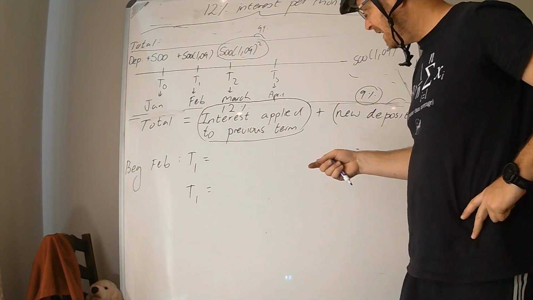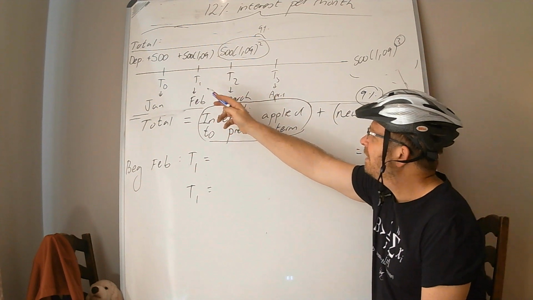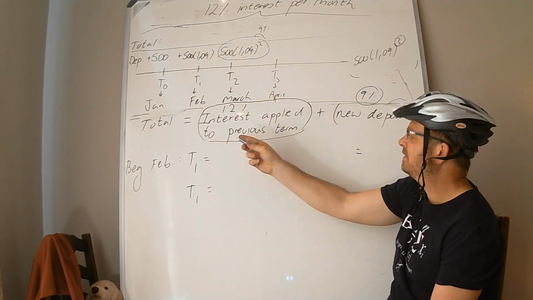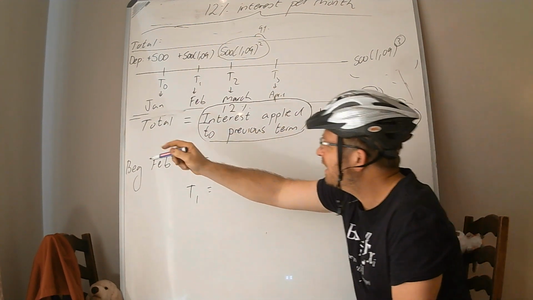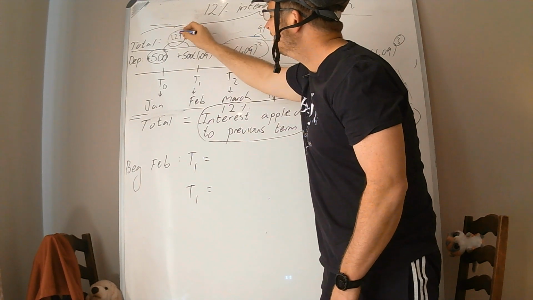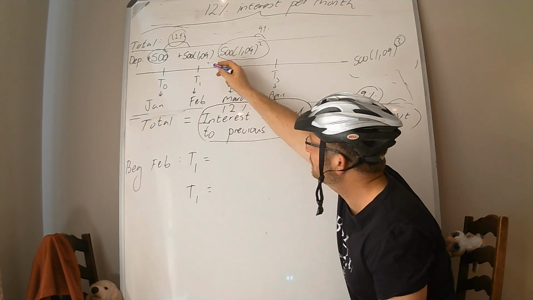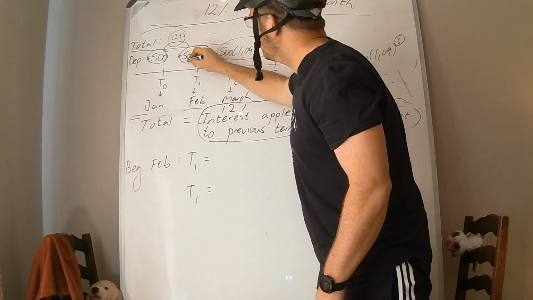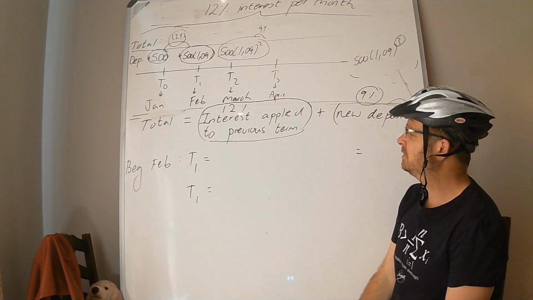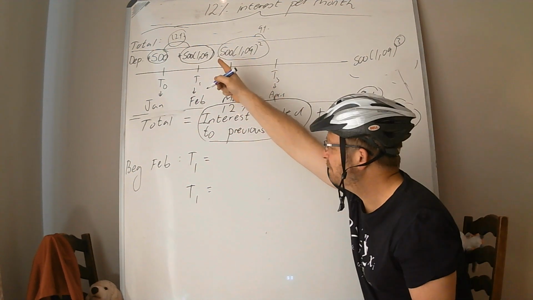You've got to apply 12% interest to the 500 Rand, the previous term, plus your deposit, which we worked out was 500 times 1,09 to the 1, because it increased by 9%.